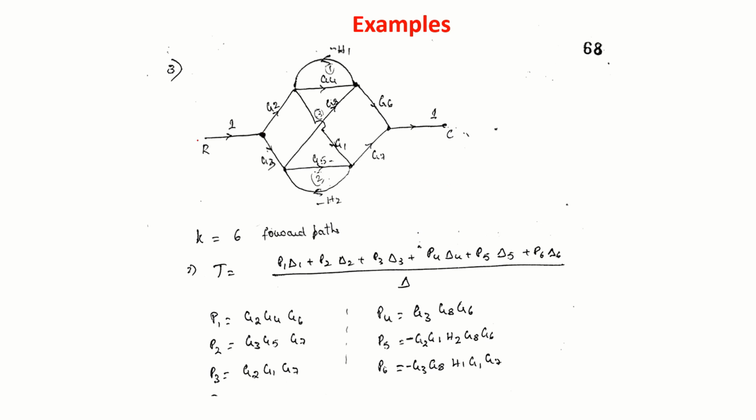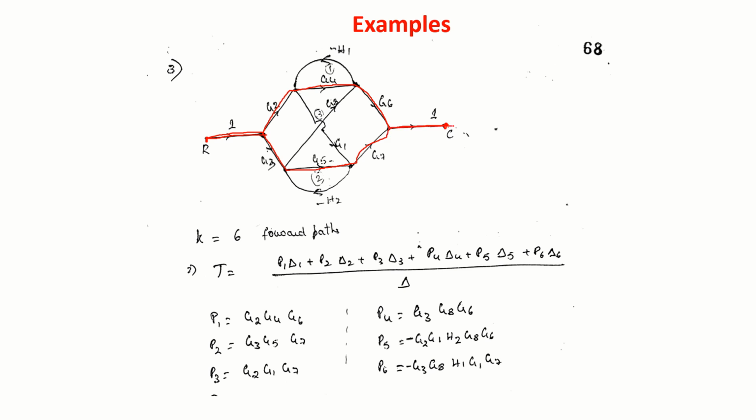Oh, there is another signal flow graph. Let us see how many forward paths are there. Start here. Go like this. Go like this. Go like this. This is one forward path. Start here. Go like this. Go like this. Go like this.